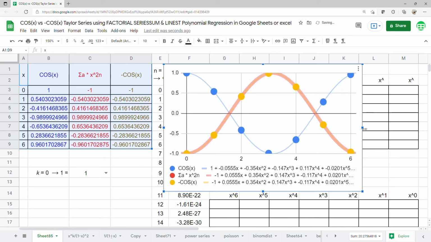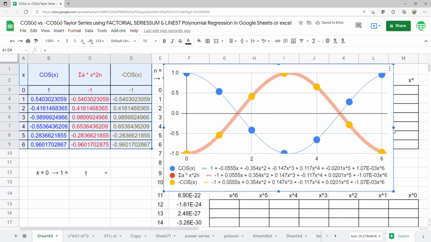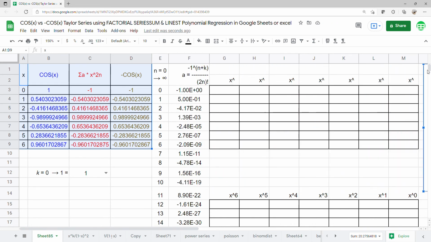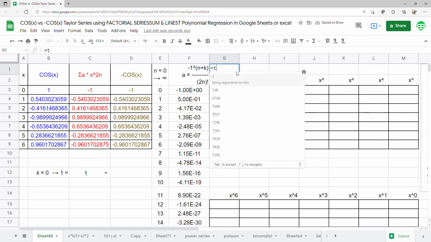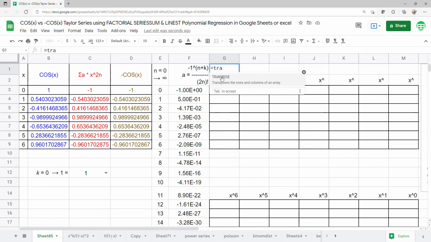Next, we calculate the polynomial regression coefficients using LINEST. To do that, we complete the LINEST matrix, starting with the power. This will be transpose 0 to 6.